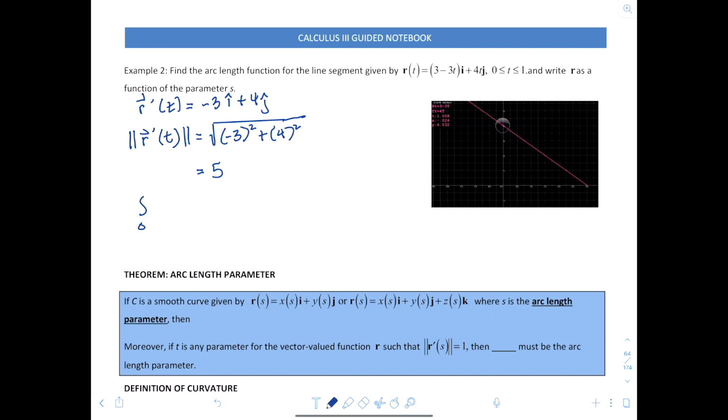So 0 was my a, and we're going to go to t, and then 5 with respect to u. And that is my s at t. So that gives me that s at t equals 5t.